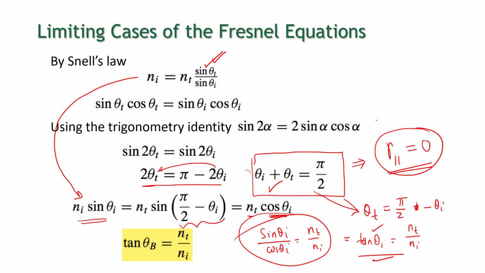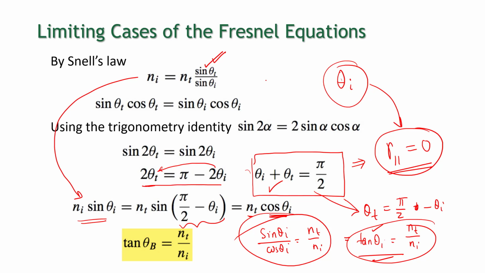And this is the angle of incidence for which R parallel is 0. So if you hit the boundary at this angle given by this expression, then you will not see any reflection that is parallel to the boundary.